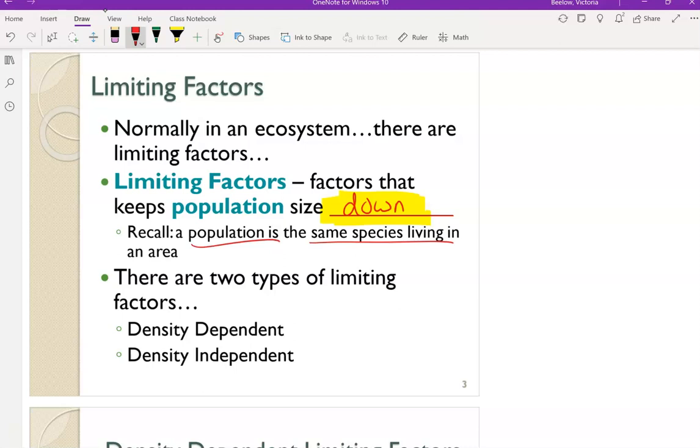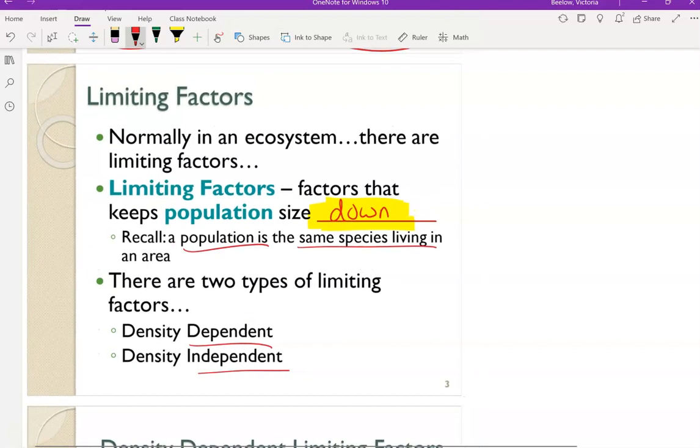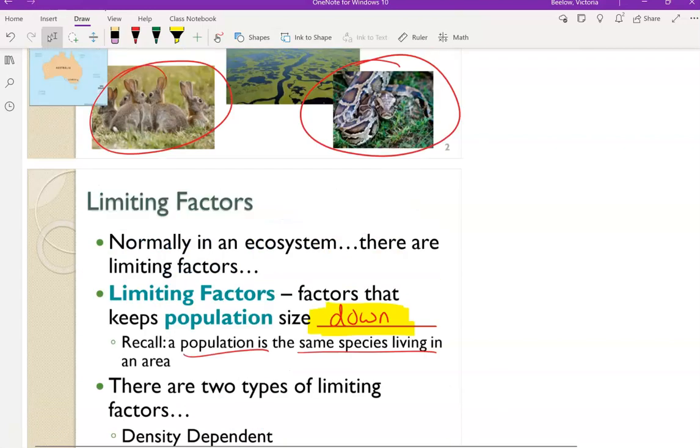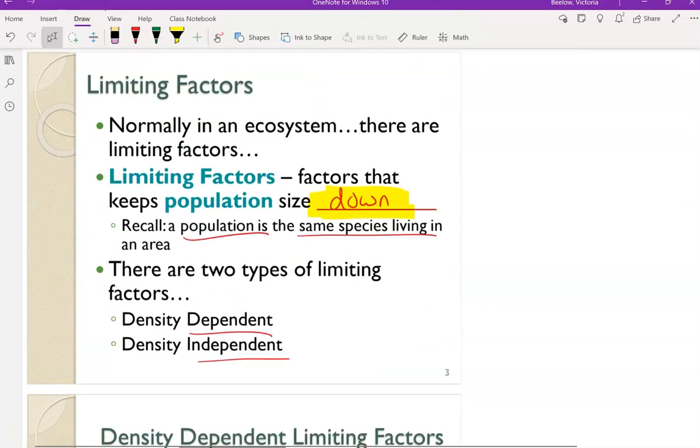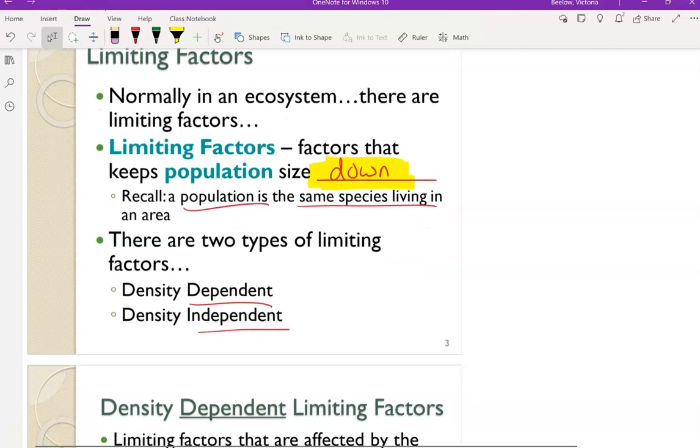There are two types of limiting factors, density dependent and density independent. Again, these are things that prevent species from growing out of control. Sometimes when we have a non-native species that becomes invasive, unfortunately, those limiting factors aren't really doing too much for us. But in a normal ecosystem, there are these things in place to keep those native species from getting out of control.